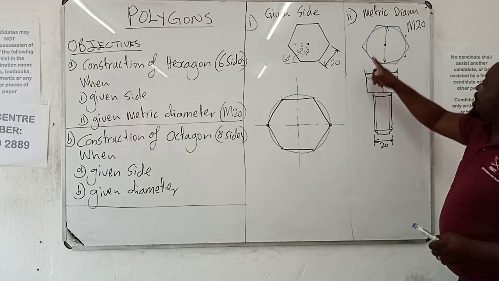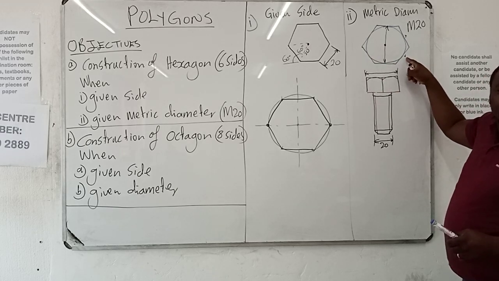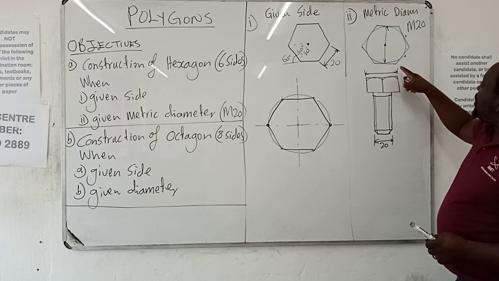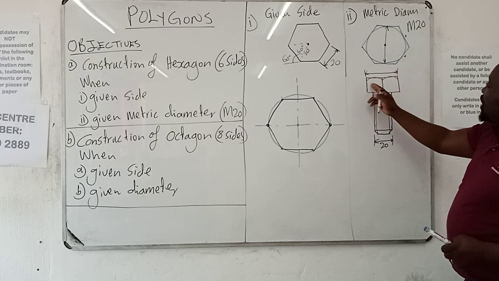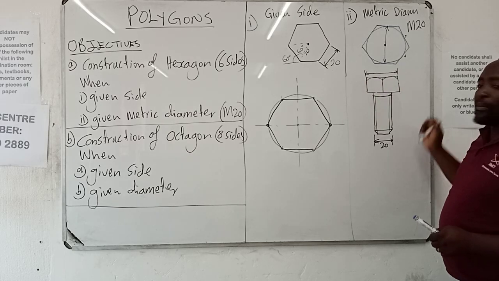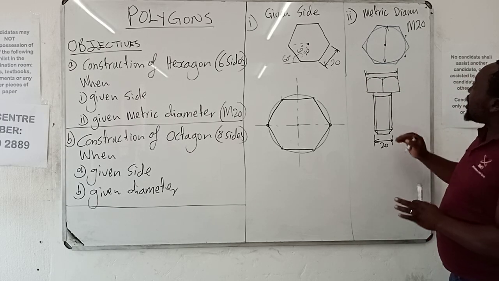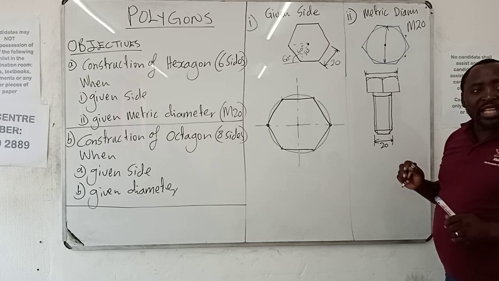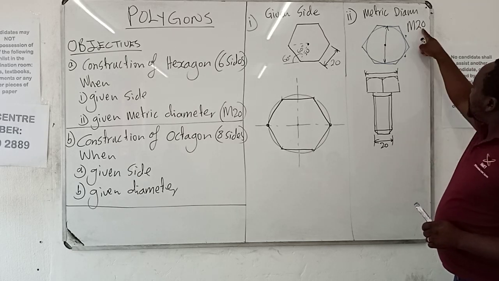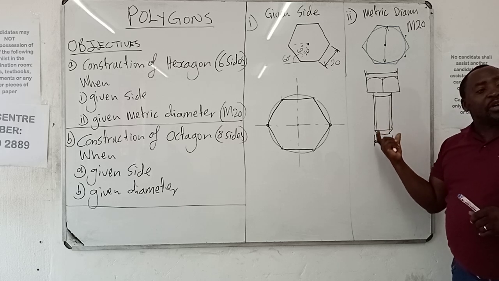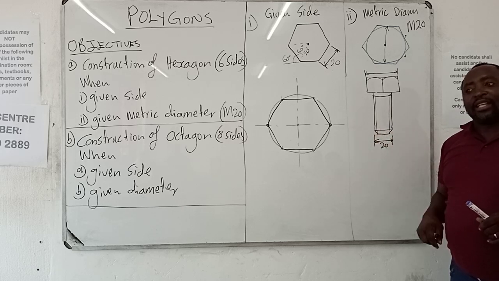When I'm looking from this side, I'll see 1, 2, 3. Can you see the difference? So if I want to draw this face here, I'll show the three points here. Now, I'll come to that. For now, I just want you to understand what M stands for. The 20 is the shank diameter of a bolt or the drilled hole of a nut.